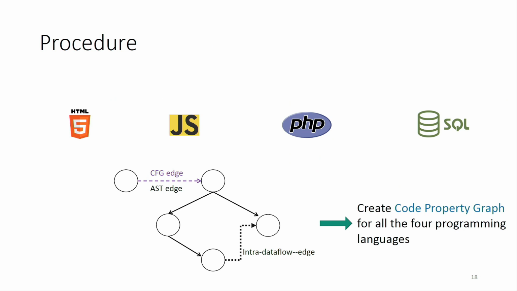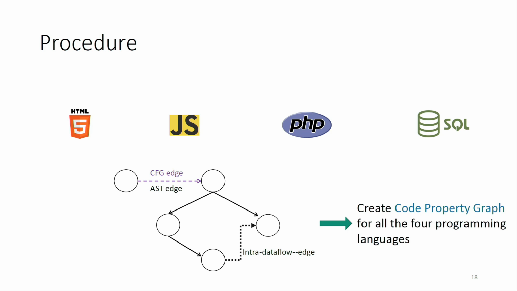So let's take a look at how our tool works in a real-world scenario. First of all, we create this code property graph to infer the control and data flow for each of the programming languages. So we generate the language-specific code property graph for each of those 4 different languages.